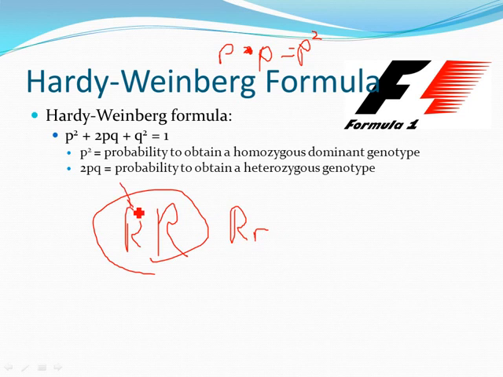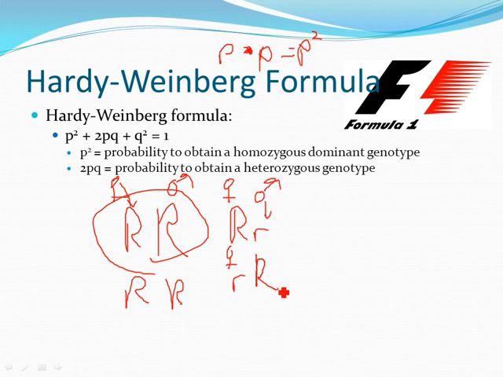If we got this dominant allele from our mom's side and the smaller recessive allele from our dad's side, there is also the potential that we got the recessive allele from our mom's side and the dominant allele from our dad's side. That's why there's this 2 times. You multiply the frequency of the dominant by the frequency of the recessive, and multiply by 2 because it could be swapped around.